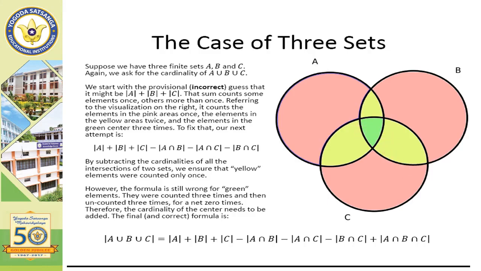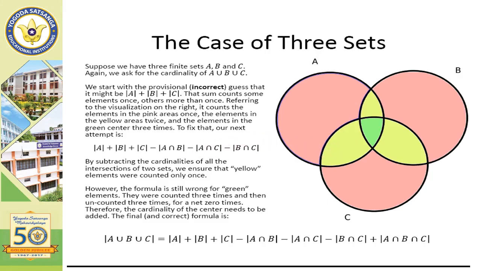Hence we have to subtract once, that is A intersection B, minus A intersection C, minus B intersection C. This part we have to subtract so that we count the elements common to both sets only once.